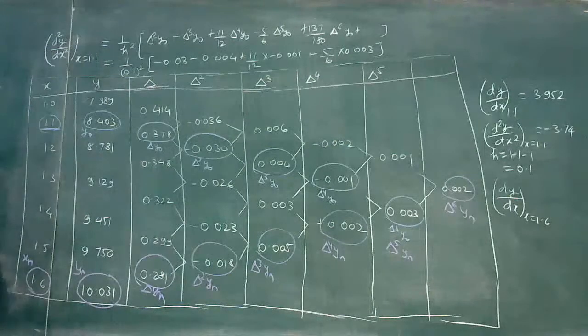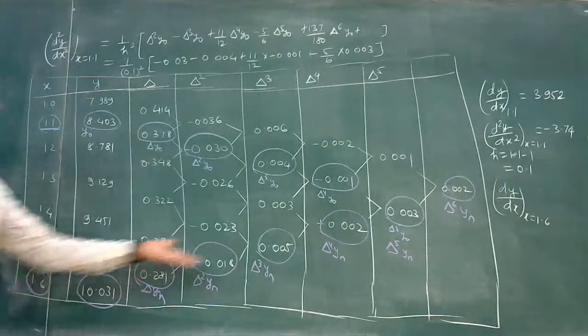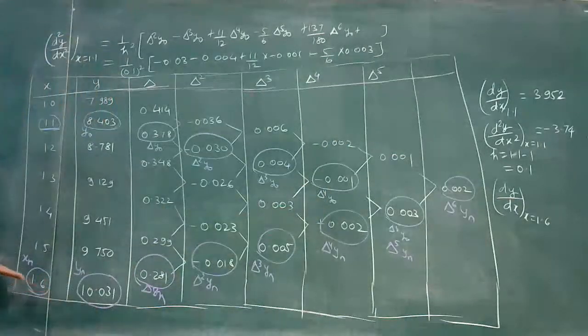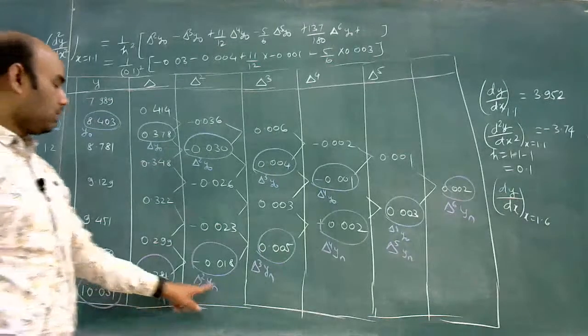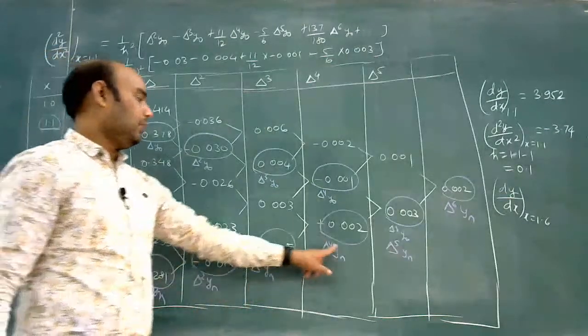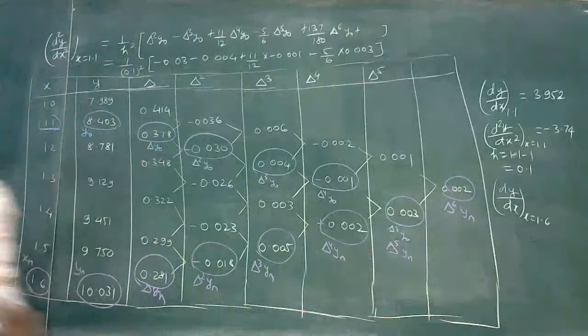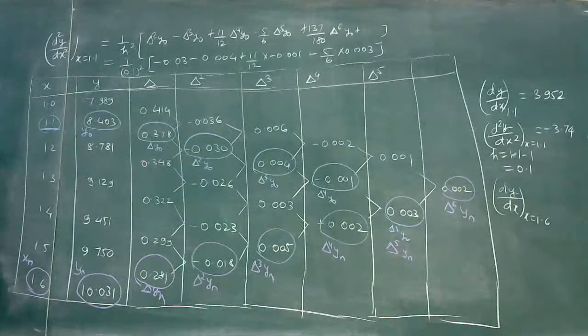Okay, so you have to take the bottom value of the difference. So when you are calculating the value of dy by dx for the value of x at the bottom of the table, you have to take xn, corresponding yn, then del yn, del square yn, del cube yn, del to the power 4 yn, del to the power 5 yn, and del to the power 6 yn.